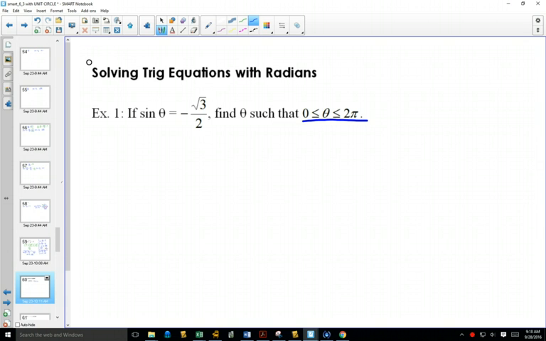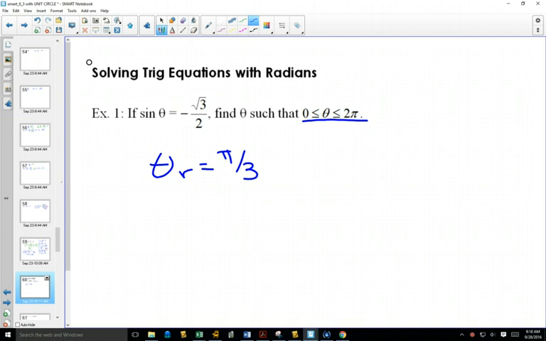All we're going to say to ourselves is, do I have root 3 over 2 as a y coordinate on my unit circle? Yes. What family does that? That's my pi over 3 family. So I already know my reference angle. And I know that it's negative, so I know it's in quadrant 3 and 4.